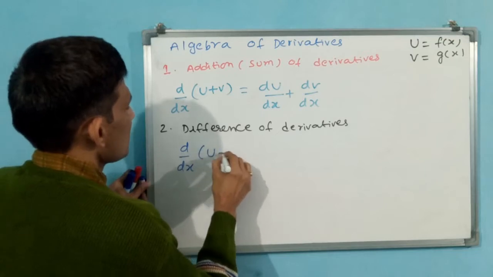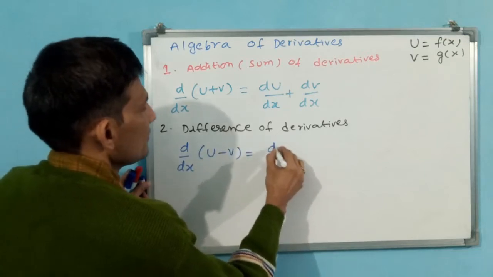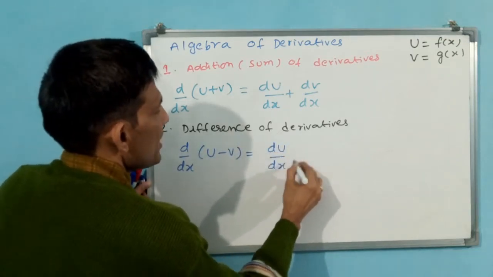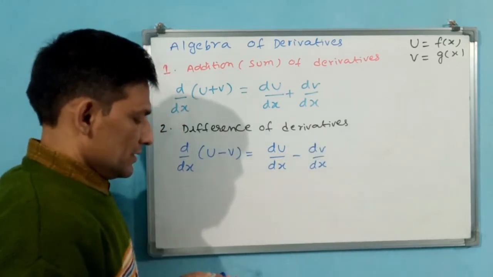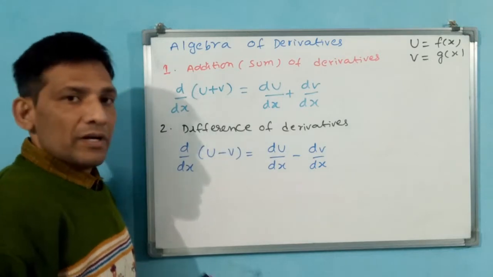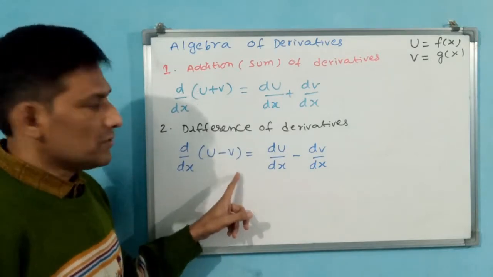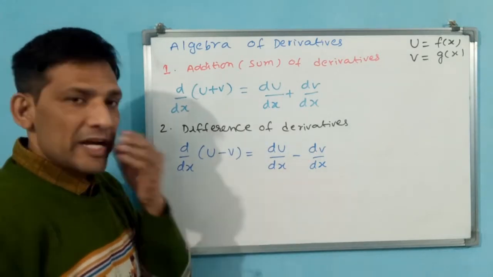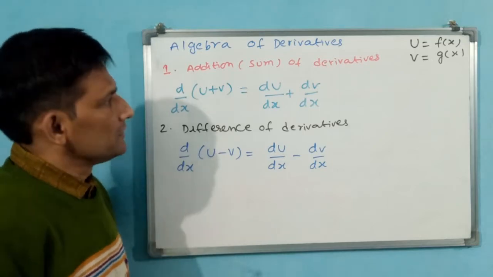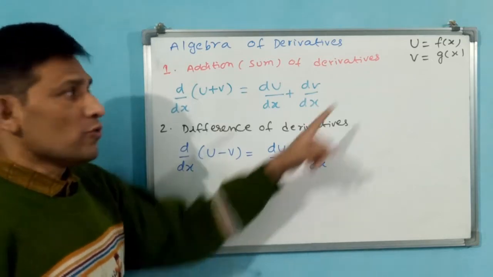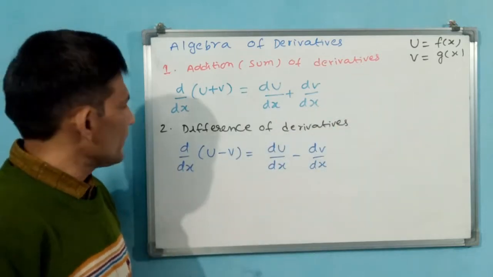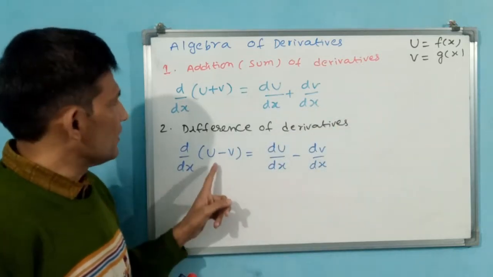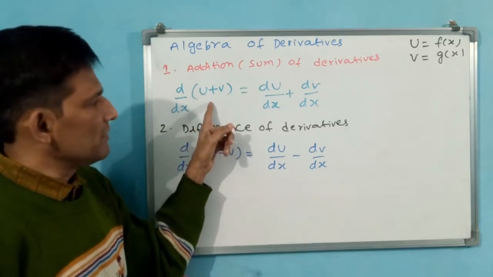D by dx of u minus v is equal to du by dx minus dv by dx. You understand? Okay. Here also u means f of x, v means g of x. Understand now? D by dx of u minus v, d by dx of u plus v.